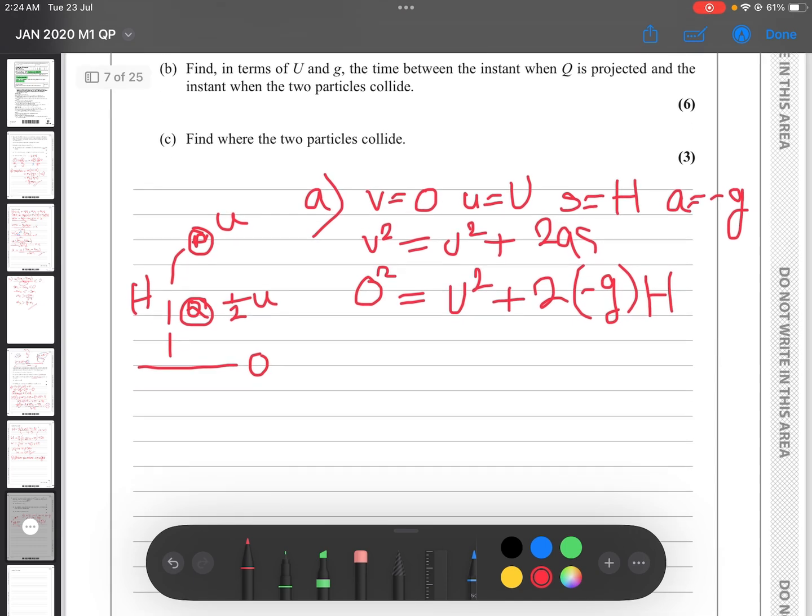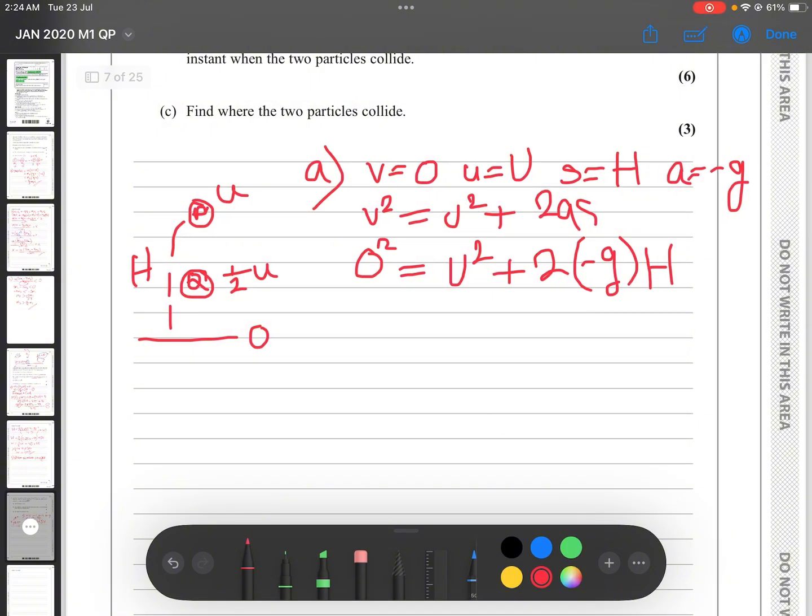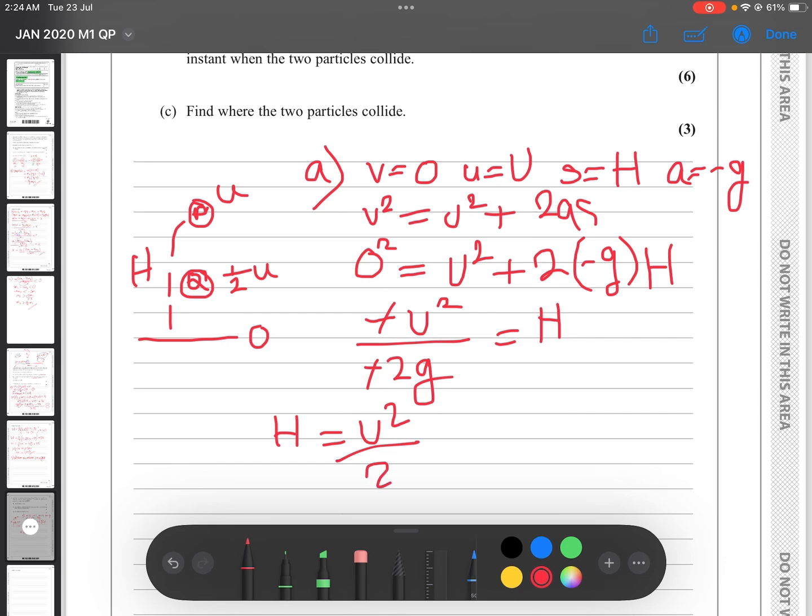Okay. And then now if I make h the subject, minus u squared over minus 2g equals h. If I cancel out the negative signs, we get our answer. h equals u squared over 2g.